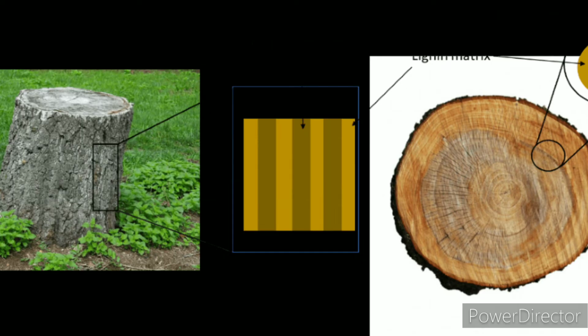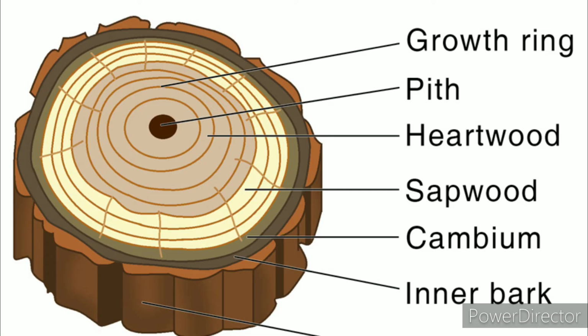Wood, like all living organisms, is made up of individual cells that differ in size and shape. It is majorly composed of cellulose and lignin. A cross-section of the trunk of a tree reveals the following interesting features.